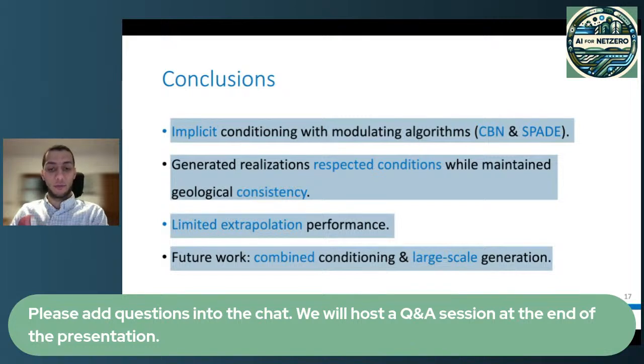The other thing, which was also quite interesting for us, is to look at large scale generation. All these data sets that I have just shown are of limited resolutions, like 64 by 64.